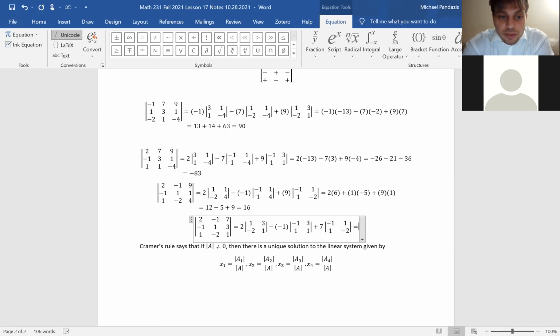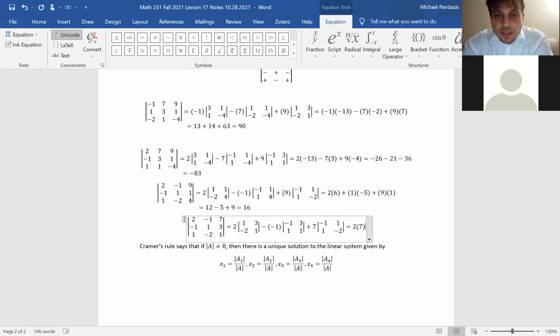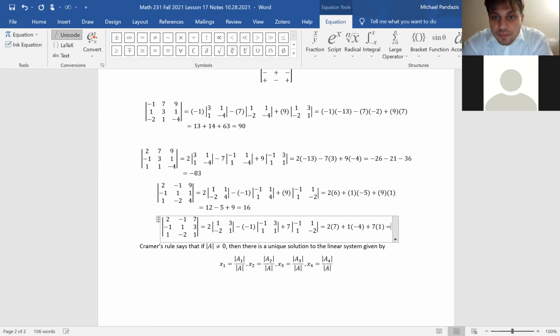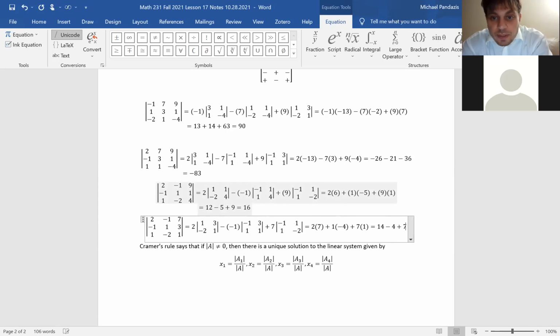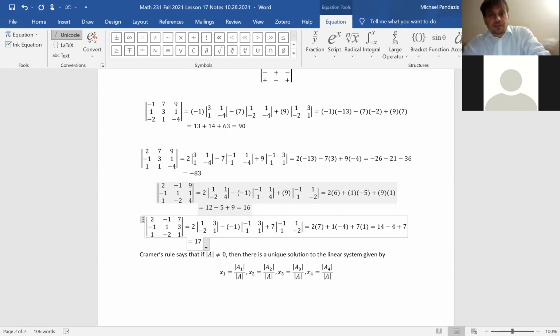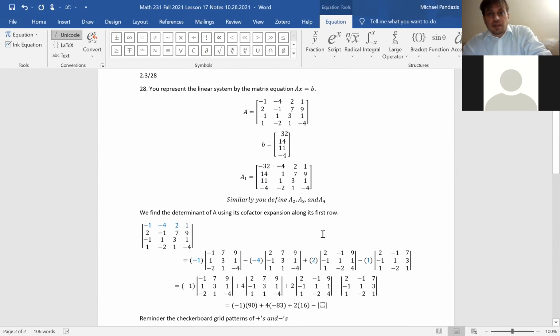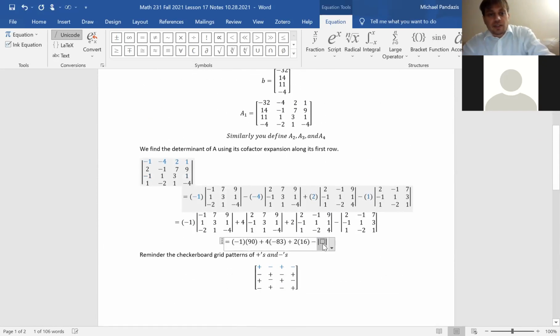So then this is equal to 2 times 1 minus negative 6, which is 7, plus 1 times negative 1 minus 3, which is negative 4, and then plus 7 times 2 minus 1 is 1. And so that's equal to 14 minus 4 plus 7. And so that's equal to 17. So the fourth determinant is 17.